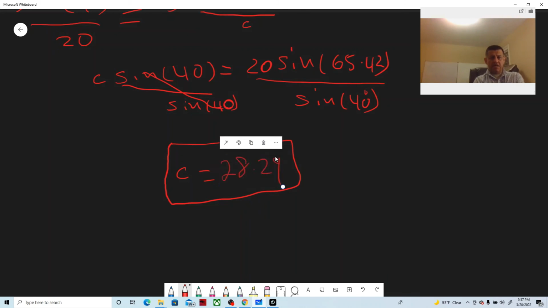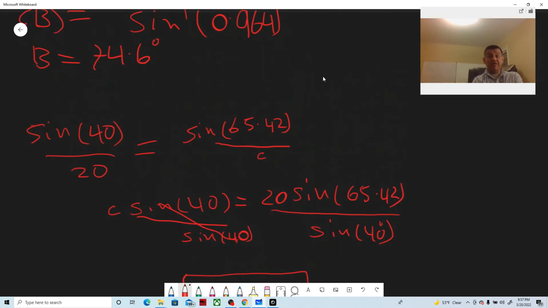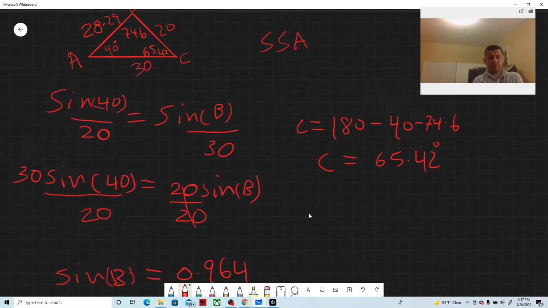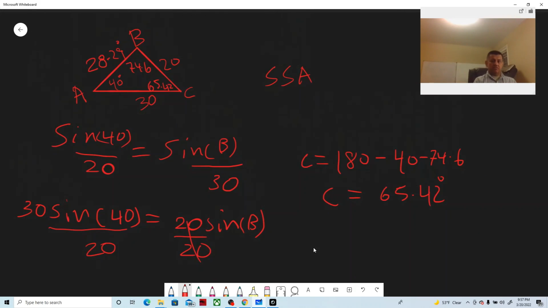If all the angles inside a triangle add up to more than 180, we can actually see it. In this case, we have 40 plus 74.6 plus 65.42, and very, very close to failing.